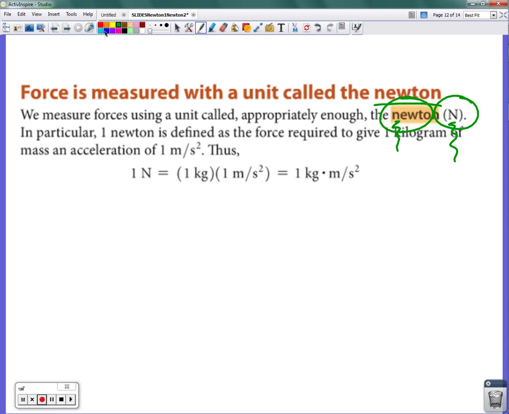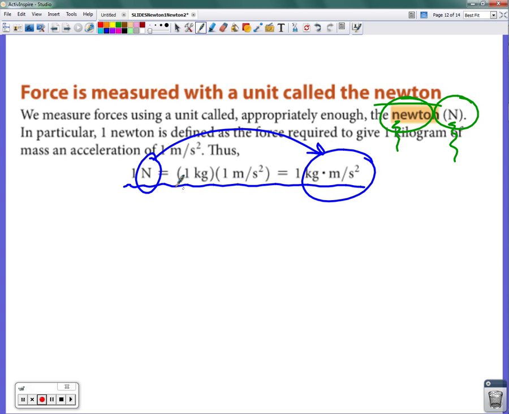So we take a look here. The newton is a derived unit. It's a combination of base units, and you'll see here that this combination of base units is equal to the newton. So anytime we write the capital letter N to represent the unit newton, we're really representing this combination of base units. It's the base units that go along with mass and acceleration. If we combine those together by multiplying them, we end up with the unit for force.